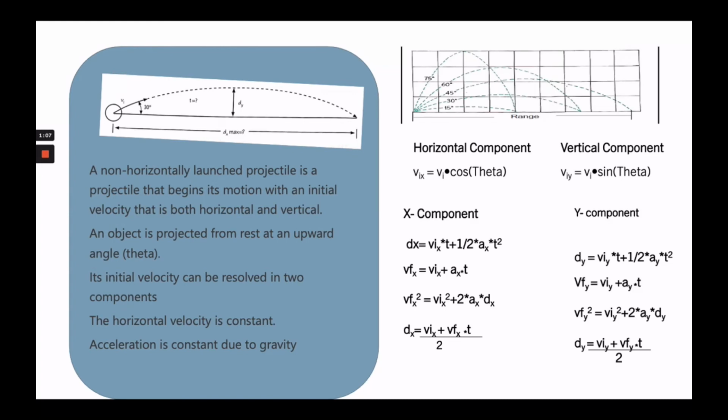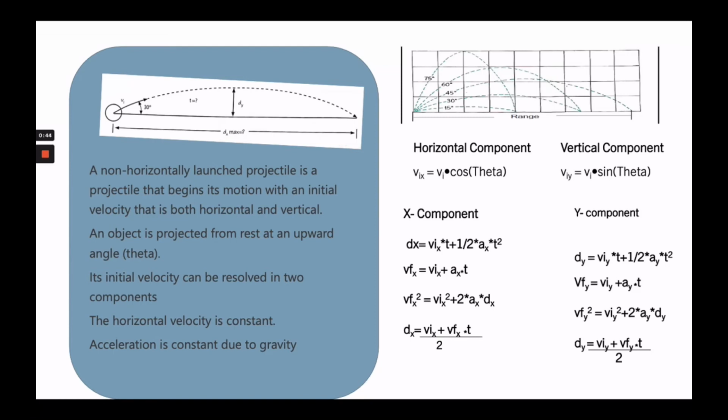Whatever the initial velocity is, that should be equal to the final velocity of the horizontal motion. Next, the acceleration is constant due to gravity. We're talking about the y component here, so for the y component, it will have a constant acceleration of 9.8 meters per second squared.